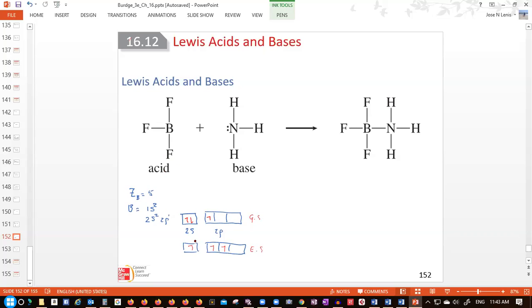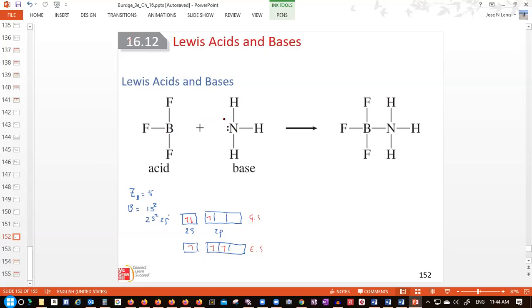Every fluorine comes here and contributes 1 electron here. So we have 3 bonds there. However, it can get better stabilization, having 8 electrons around boron. How? There's a reaction with this base, and that can be explained through Lewis' definition of acids and bases.